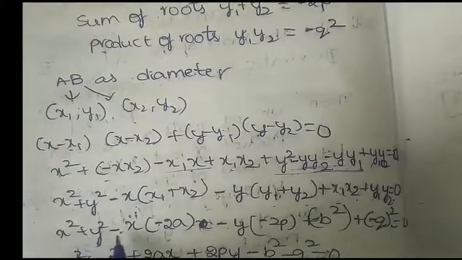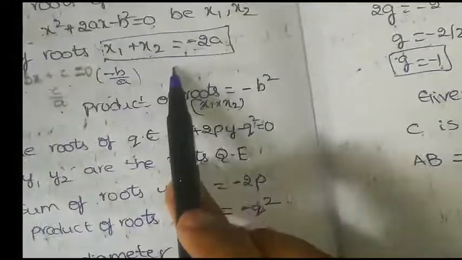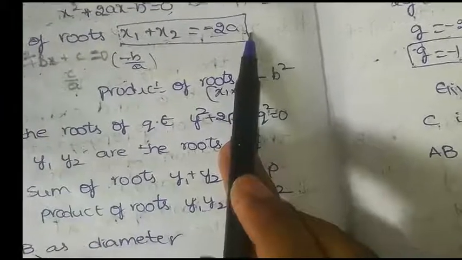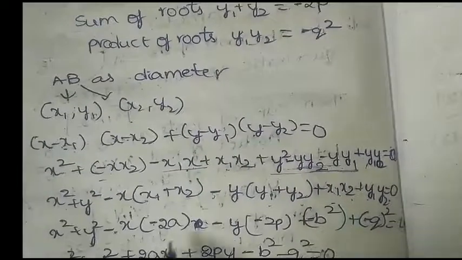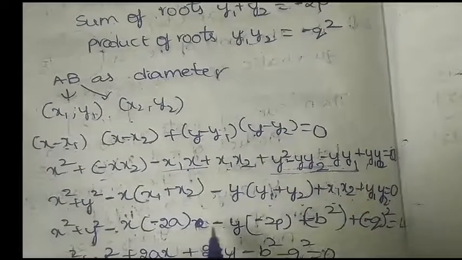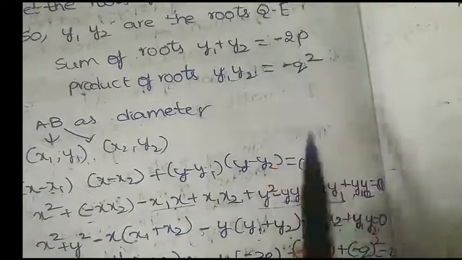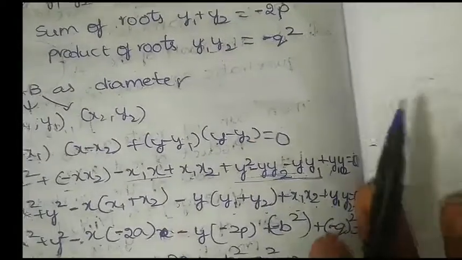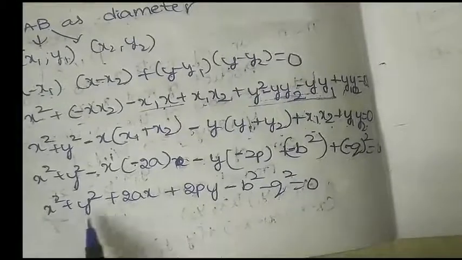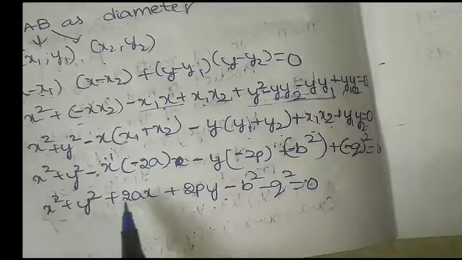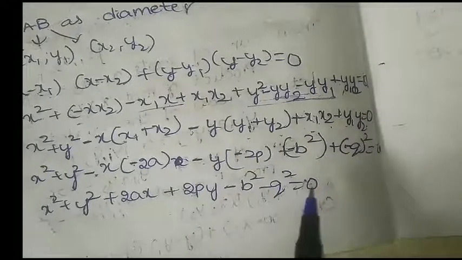Now we know that the sum of roots x1 plus x2 is minus 2a, so in place of x1 plus x2 I am substituting minus 2a. y1 plus y2 is minus 2p. x1 into x2 is minus b square, plus minus q square. So the required equation is x square plus y square plus 2ax plus 2py minus b square minus q square is equal to 0.